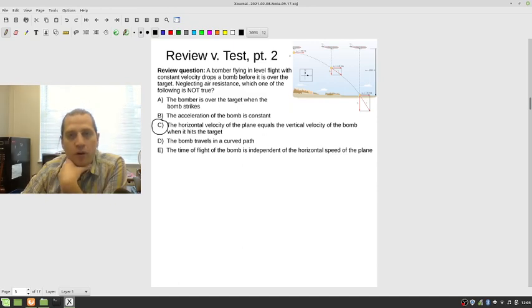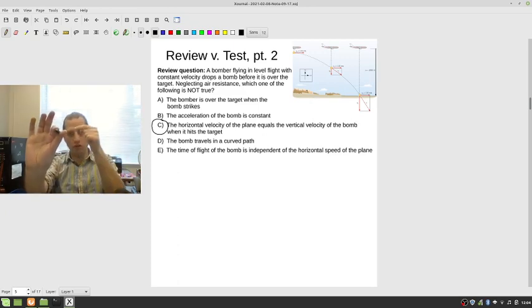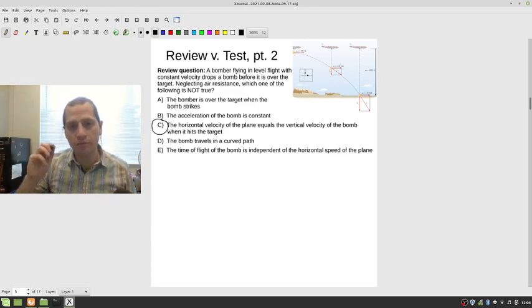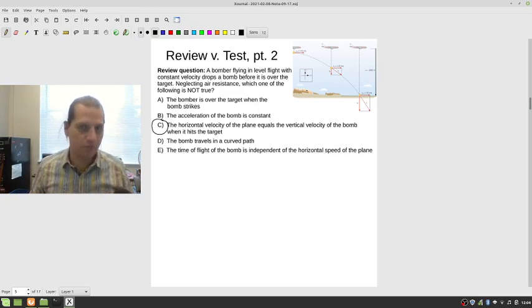And the main point that I wanted to get across with this was that the motion in the x direction and the y direction are independent. So if you have a ball that's thrown horizontally or a ball that's dropped, the motion in the y direction of those two balls is the same.